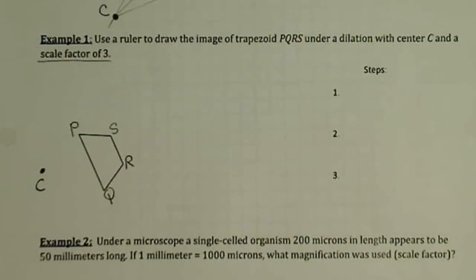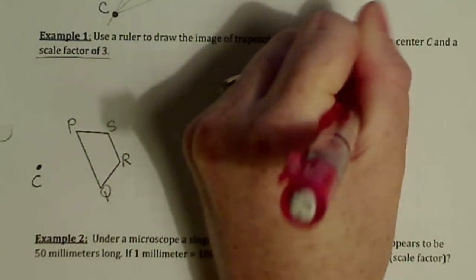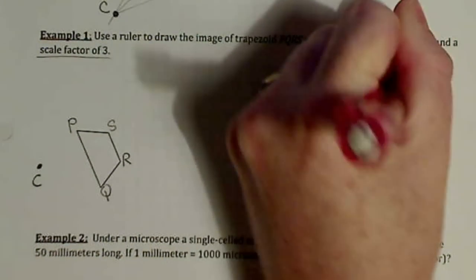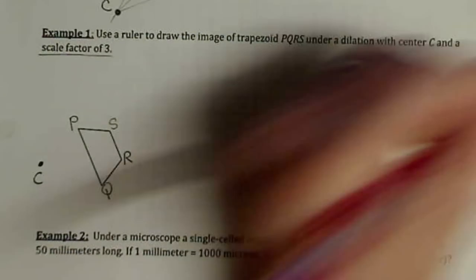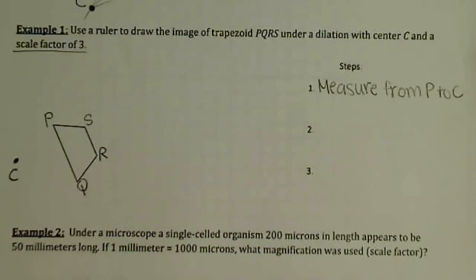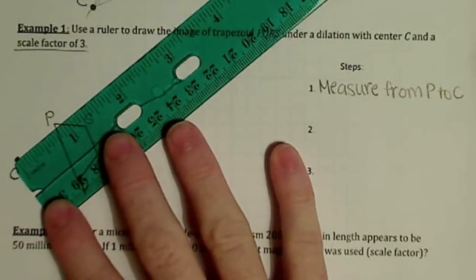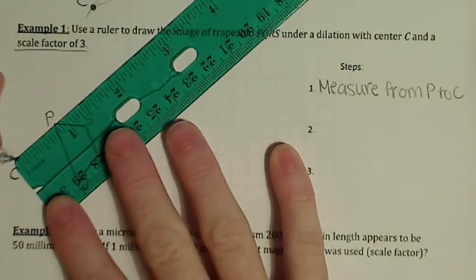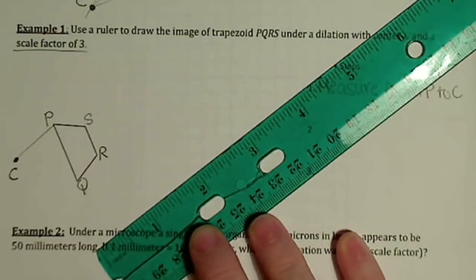And over here on the right side, we have steps. Step 1, we're going to measure with a ruler from P to C. So with my ruler, I'm going to use inches, and I'm just going to line up C and P right here. And when I measure it, I see that that line is about 3/4 of an inch long.